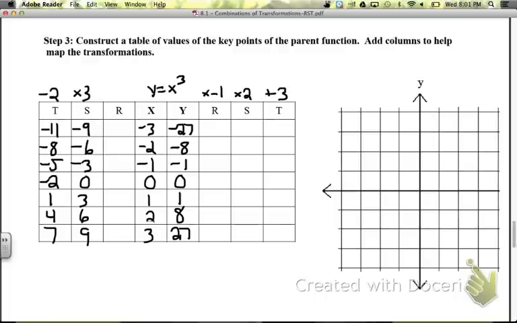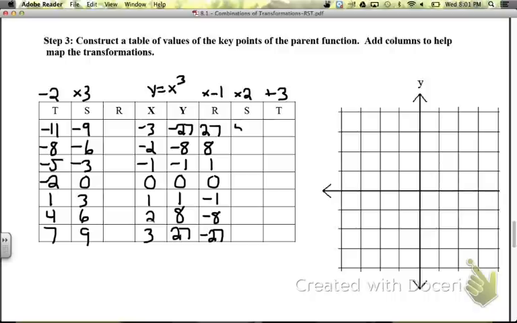Now let's work with our y values. We have negative 27, we're going to multiply that by negative 1, so we have positive. All of our y values are going to change from negative to positive and positive to negative. So then 8, 1, 0, negative 1, negative 8, negative 27. Now we're going to take each of the values of y and multiply by 2.